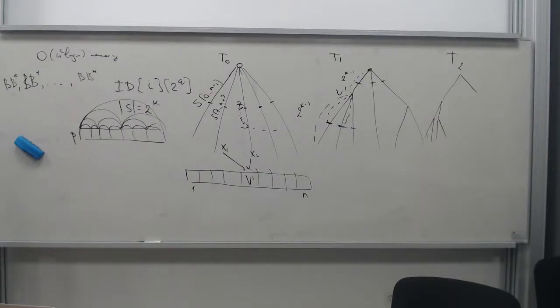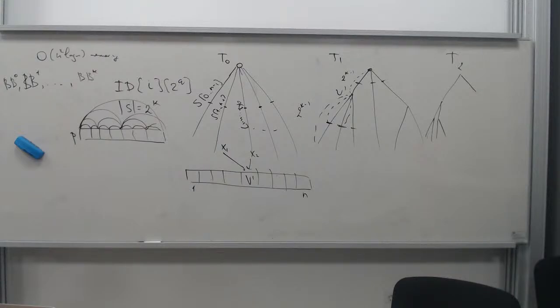Okay, then the question: how can we find the string right now in these suffix trees? We have only this tree.